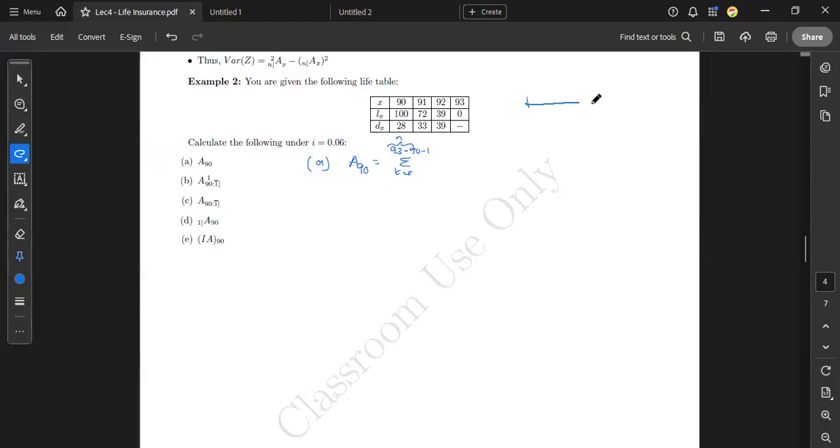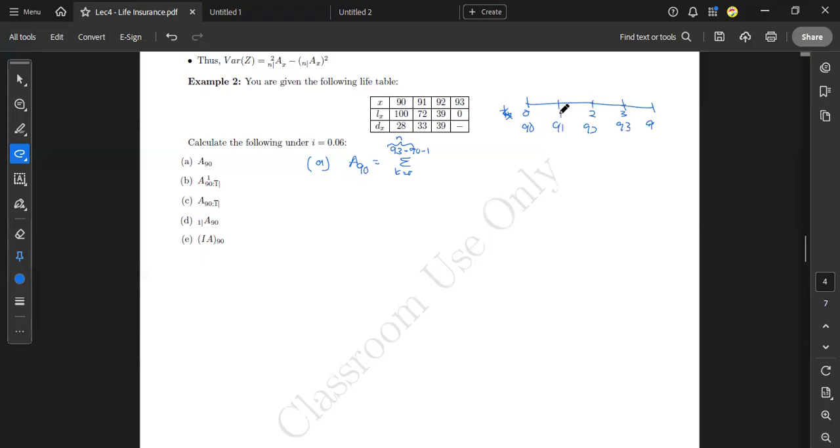So because we know at age 90, the Tx is 0, let's directly get Kx. So this is 0, this is 1 at 91, this is 2 at 92, this is 3 at 93. If the death occurs in here, K is equal to 1.